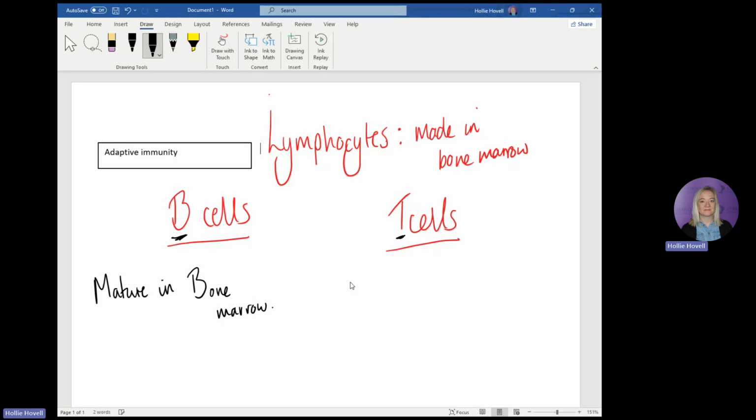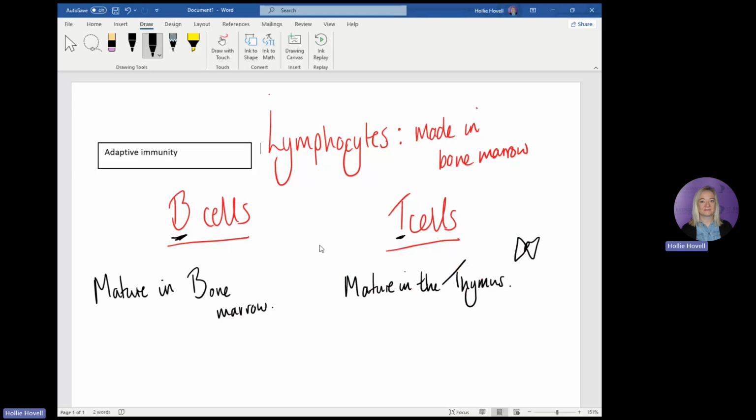T cells, however, mature somewhere that begins with T. And this is the thymus. Now, your thymus is a little gland kind of in your throat. It almost looks like a little bow tie if you see a picture of it. Okay, and that's where your T cells are developed, and that's why they're called T cells.